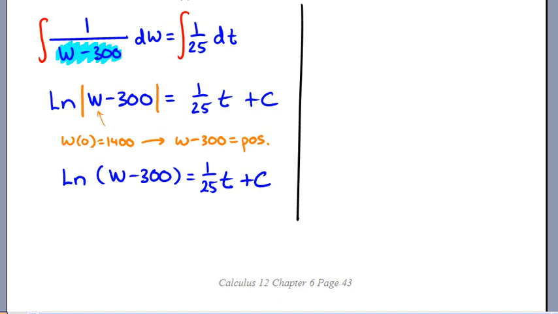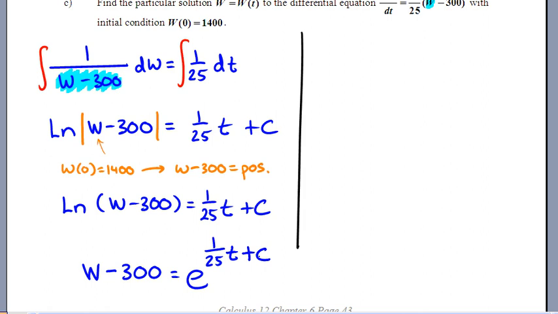Great, but I don't want to look at the ln of W. I want to look at W. So I'm going to exponentiate both sides. W minus 300 is equal to e to the 1/25th t plus some sort of c. I really do not like the look of that c that's there, so I'm going to regroup that. Plus I'll move the 300.